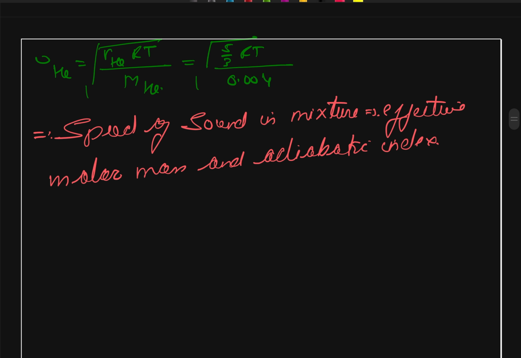So first of all, let's find out the effective molar mass, and then we are going to find out the effective adiabatic index.